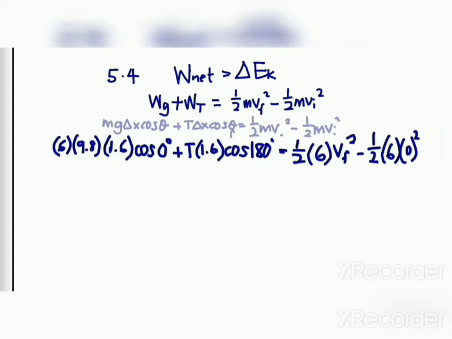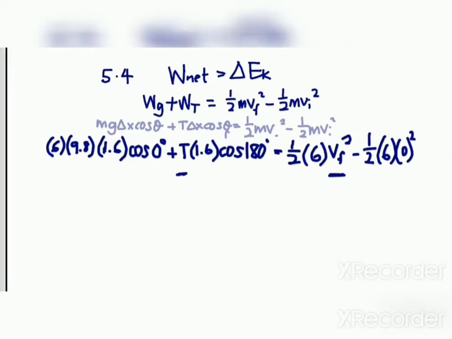Now we are looking to find Vf, which is the speed at which the 6 kilogram block falls. And if we look at this equation, we don't have a value for the tension. As I mentioned, there are various ways in which to approach this question. I find the simplest way would be to follow through with each step.